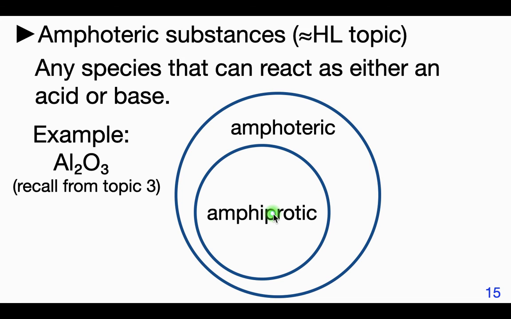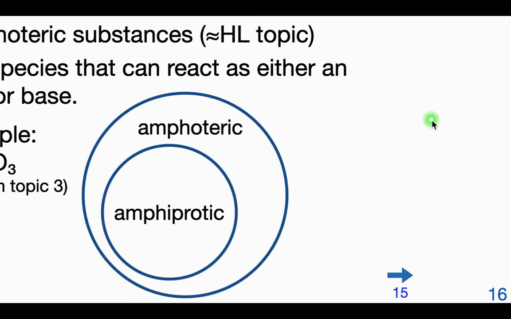But you just need to be aware that there are other substances, like aluminum oxide that we saw in a few units ago, that can behave as either an acid or a base, but not by losing or gaining a proton, as an amphiprotic substance would. The mechanism for it, you'll have to take higher level chemistry or do a little bit of research on your own. Okay, that is it. That is the end of notes.